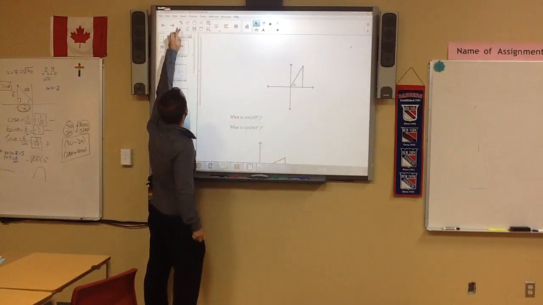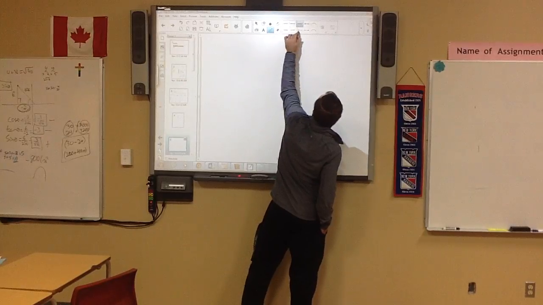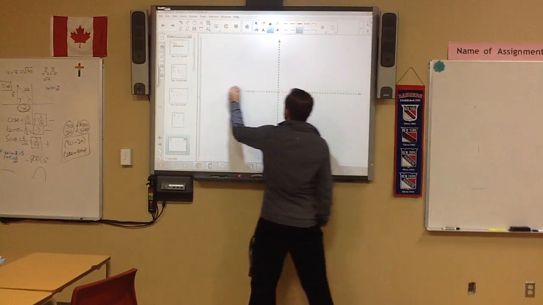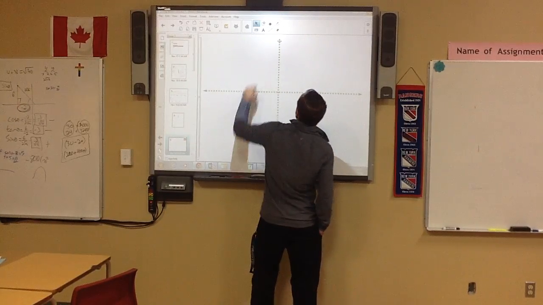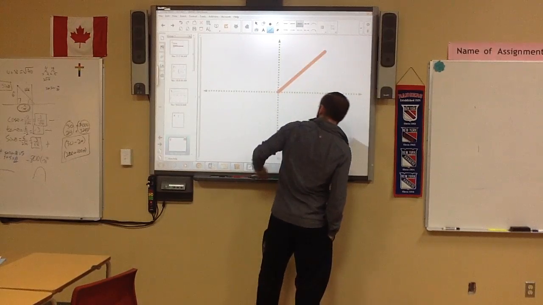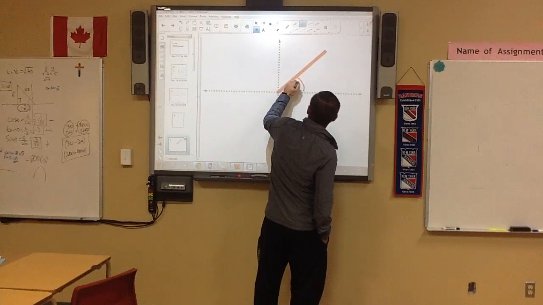Okay, so let's start talking about what sine 60 looks like. I'm going to actually draw it again because the note package that I created does not give me a whole lot of room. So let's say I've got an angle, and I'm telling you that this angle here is 60.